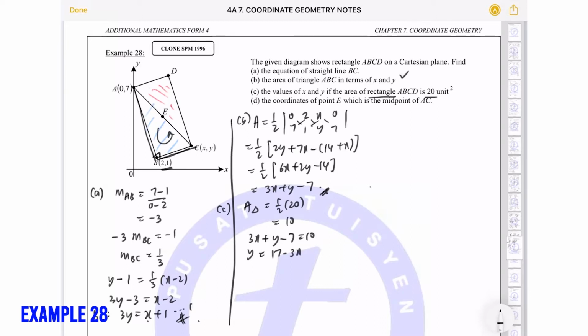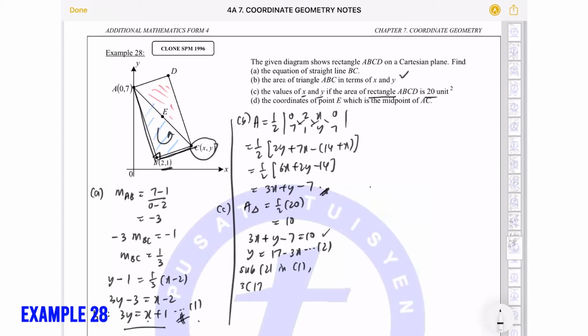Okay, I'm going to call this equation 1. I'm going to call this equation 2, because the x and y is the coordinate of point C, and it must satisfy both equations. The first equation is BC because it lies on line BC. Number 2, it must satisfy the second equation here because area of ABC is now 10. So by solving 2 in 1, solving them simultaneously, I will be able to find coordinate point C. Sub inside.